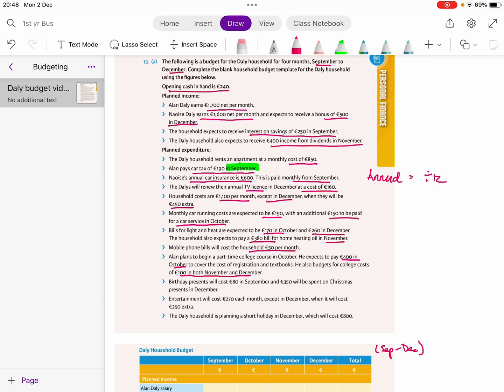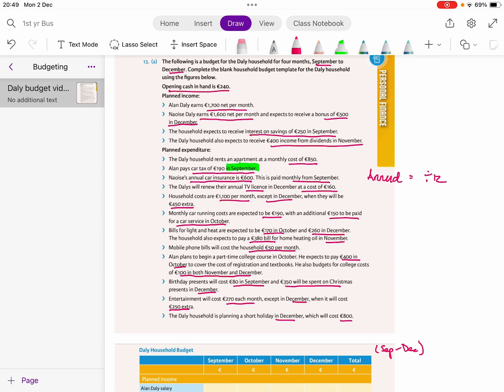Birthday presents will cost €80 in September and €350 will be spent on Christmas presents in December. Entertainment will cost €270 each month, except in December, and will cost an extra €250. The Daly household is planning a short holiday in December, and that will cost them €800.